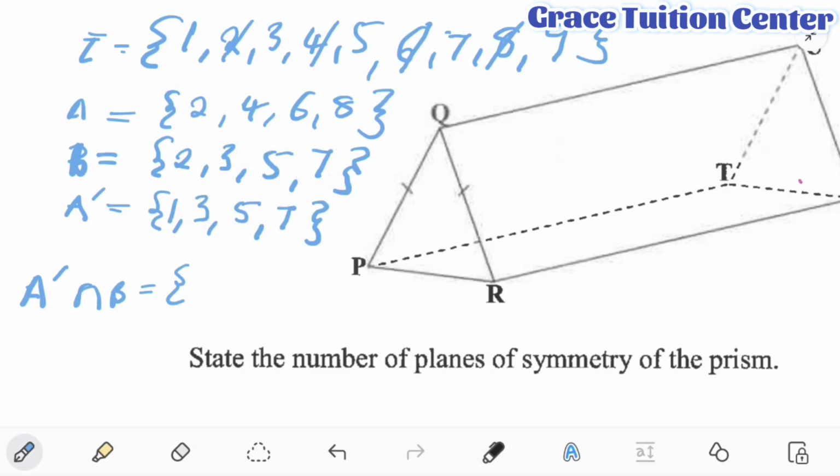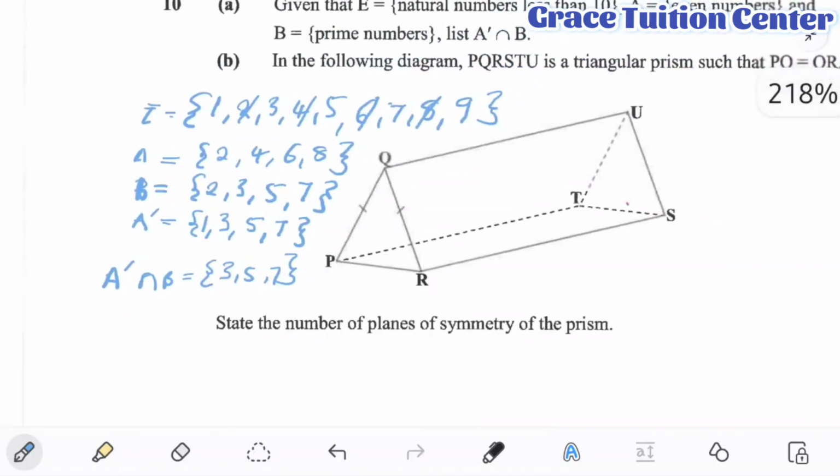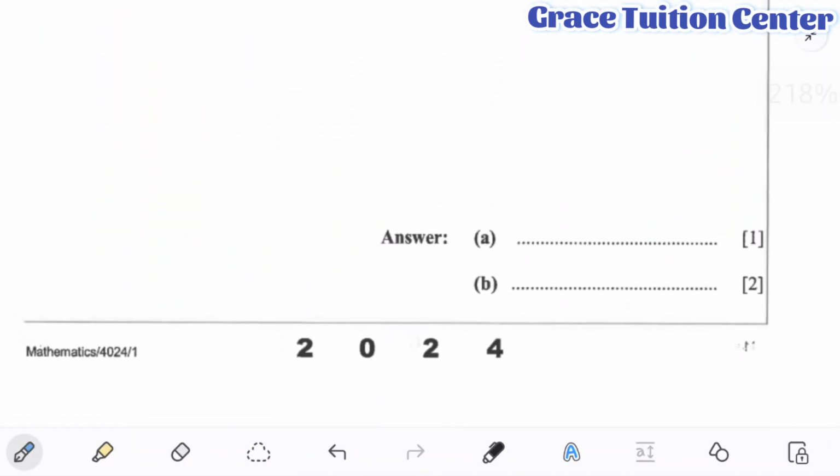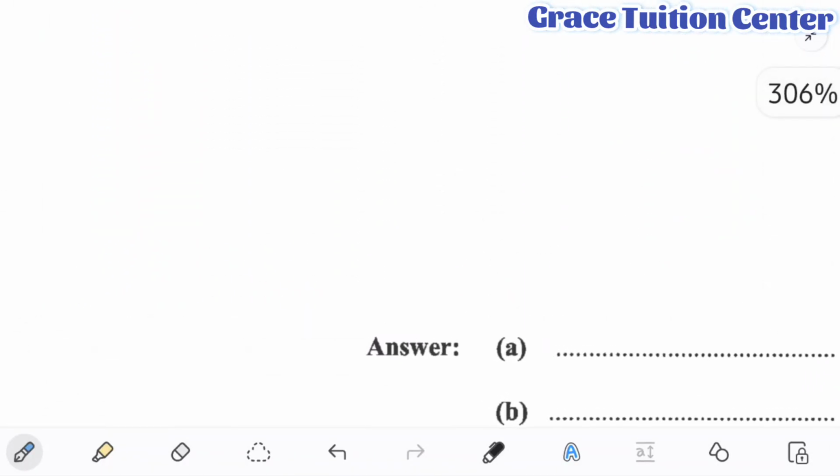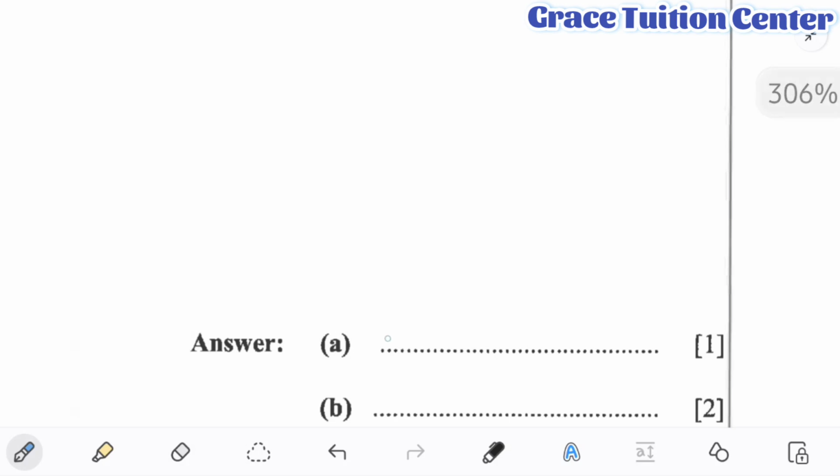Intersection means what is found in set A complement that is also found in set B. So our answer is 3, 5, and 7. So you can just come here where you're supposed to write your answer and put A complement intersection B equals 3, 5, 7.